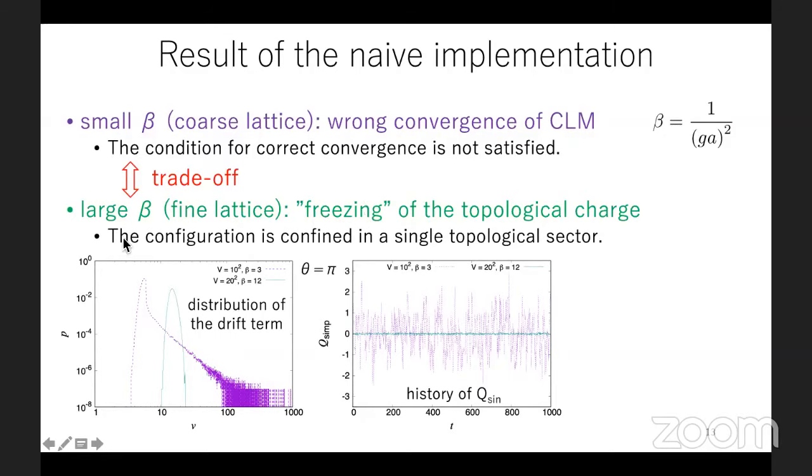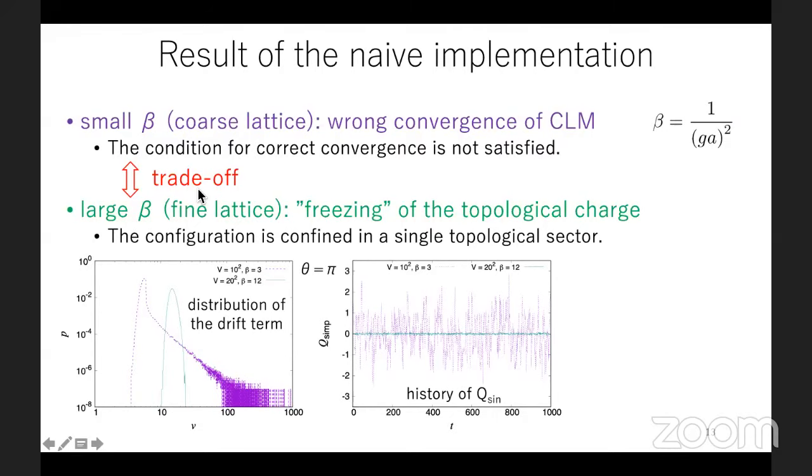Freezing means the configuration is confined in a single topological sector. If we look at the history of the topological charge during the simulation, it is almost a constant value, like this green line. This green line corresponds to the fine lattice. The topological charge always stays around 0, so the topological sector is confined.